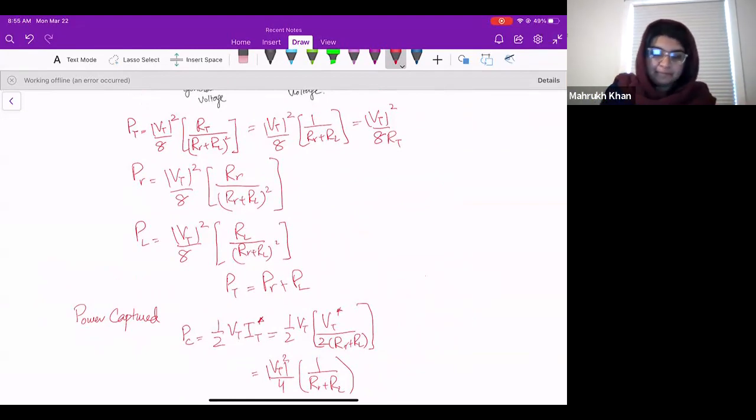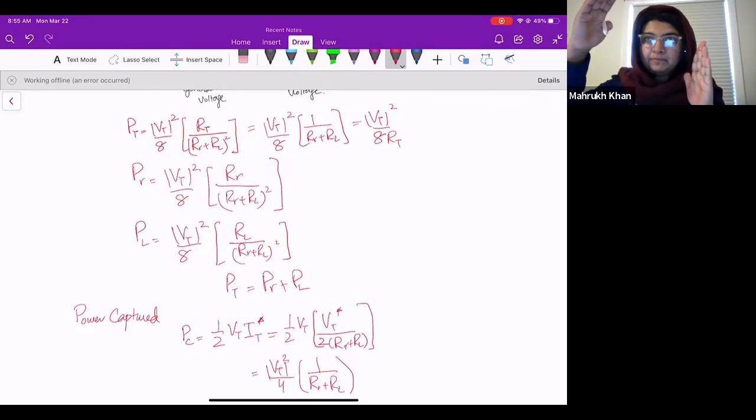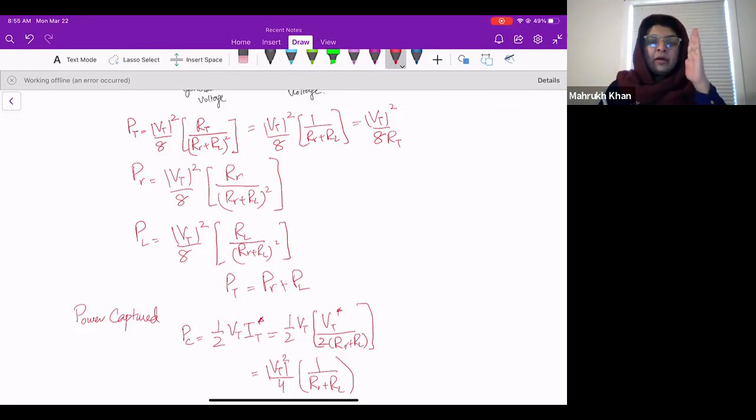Previously it was the other way around: we had power supplied, dissipated across the generator impedance, dissipated across the loss resistance, and then radiated through the radiation resistance, right? Now we have power captured, dissipated across the loss resistance, dissipated across the radiation resistance, and then transferred to the load impedance.